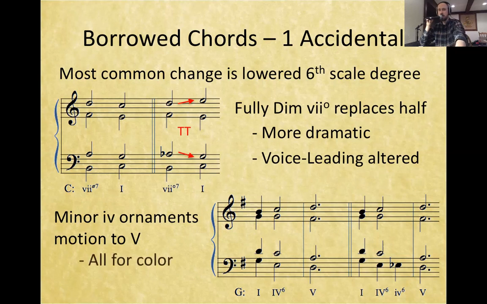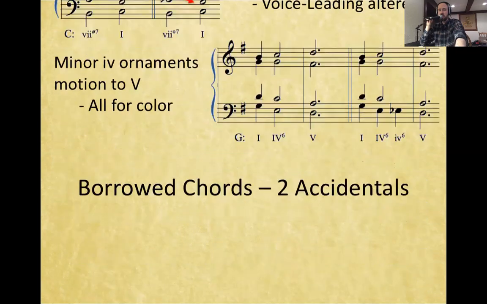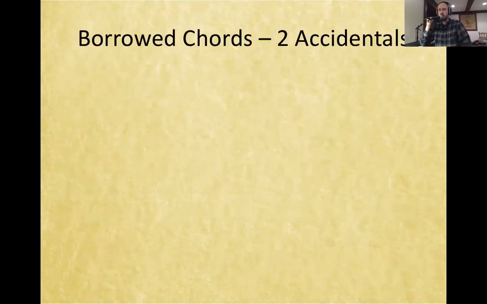All right, let's look at one last situation, which is a little bit farther afield. We're going to look at some modally mixed, some borrowed chords in which there are 2 accidentals being changed. Since more notes are coming from outside of our expected key, they're going to sound a little bit more dramatic.